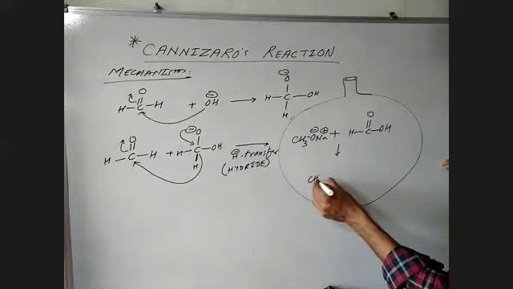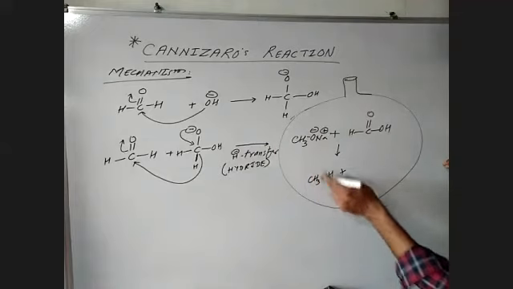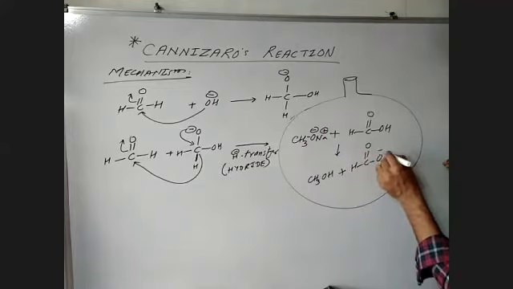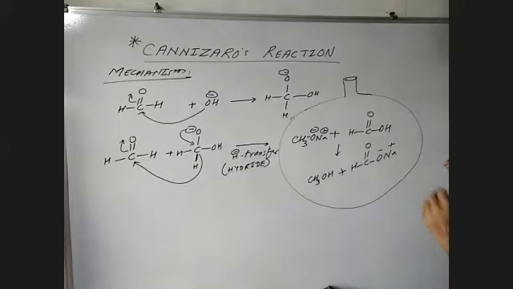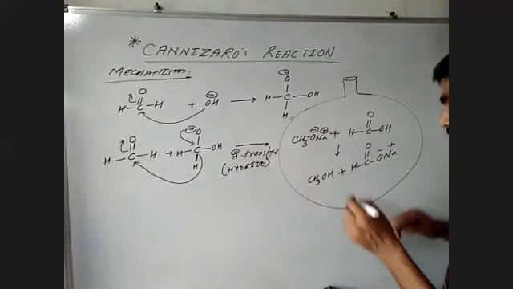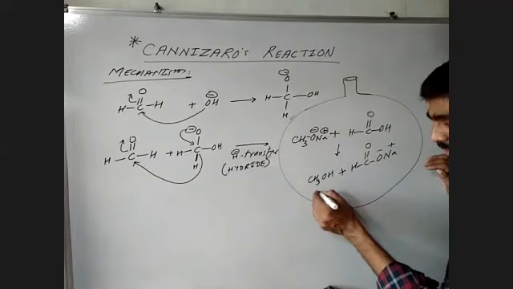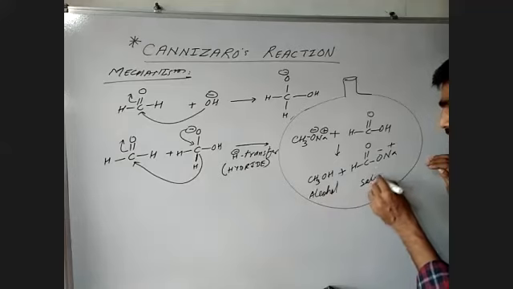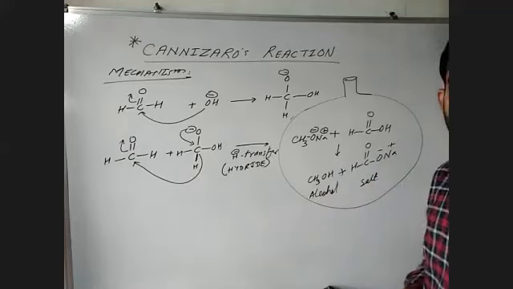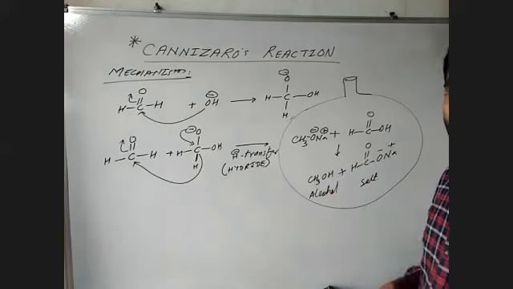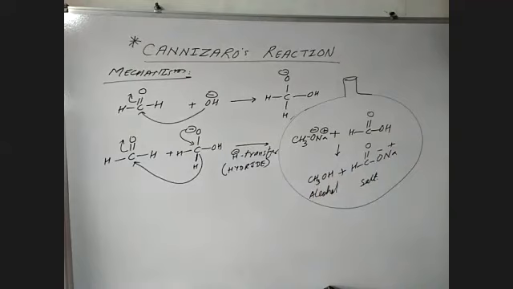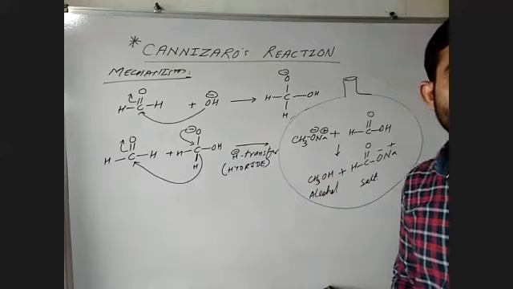So finally, we can write methyl alcohol, and this is sodium formate, what we have written as a statement in the Cannizzaro reaction. So these are the products of Cannizzaro: this is the alcohol and this is the carboxylate salt. So this is what about the Cannizzaro reaction.